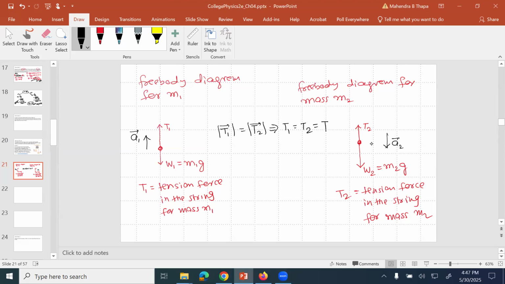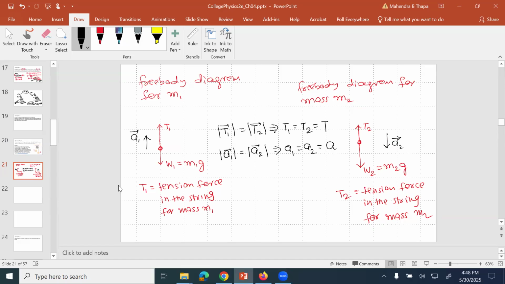Since M1 and M2 are attached with the same string through the same frictionless pulley, we can fairly assume that the magnitude of acceleration A1 and the magnitude of acceleration A2 are the same. So we just say A. Be careful that vector A1 and vector A2 are different. Here only the magnitudes are the same.